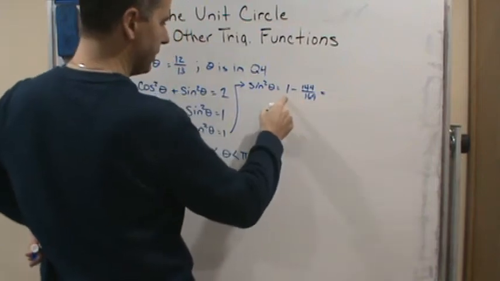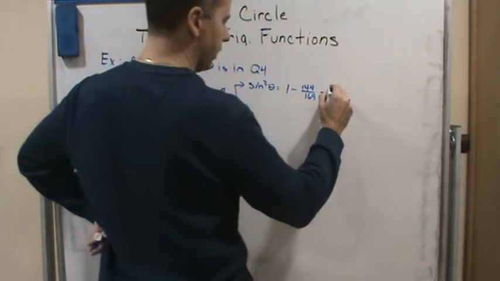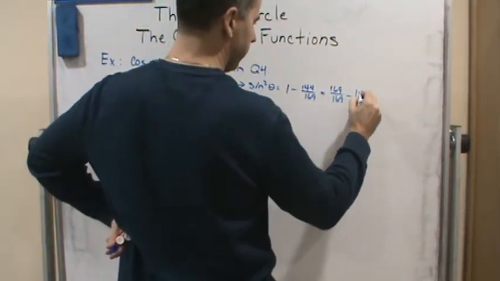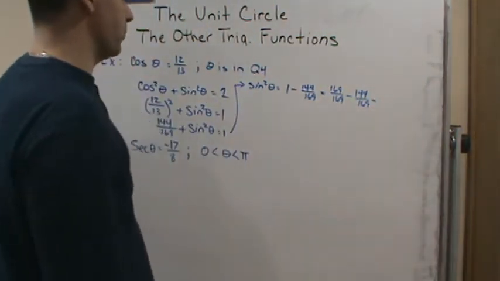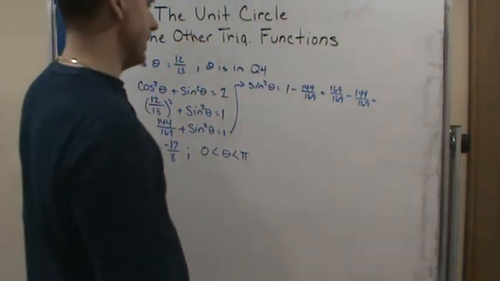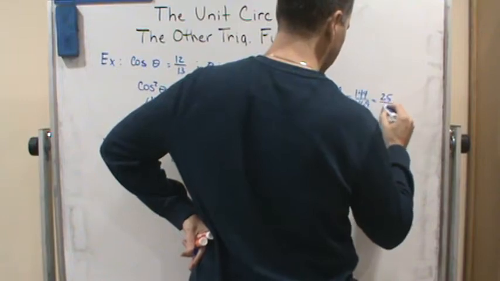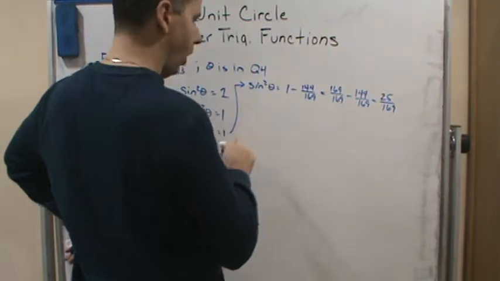And so I'm going to write this as 169/169 for 1. So this is going to give me 169/169 minus 144/169. And of course I can subtract those two and I get 25/169.